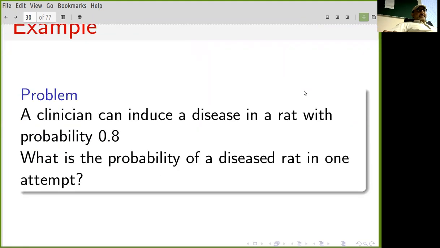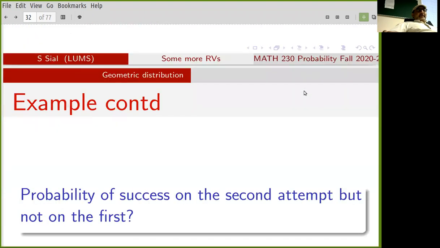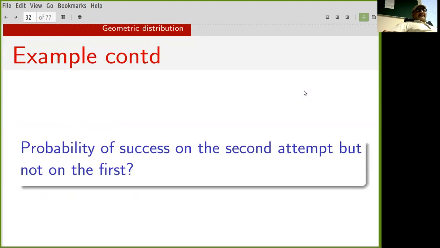So let's see an example. A clinician can induce a disease in a rat with probability 0.8. What's the probability of a diseased rat in 1 attempt? Well, I just said that, 0.8. Okay. What's the probability of success on the 2nd attempt, but not on the 1st attempt?